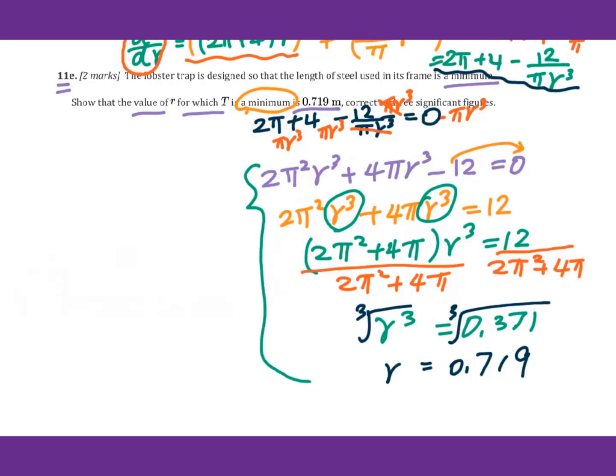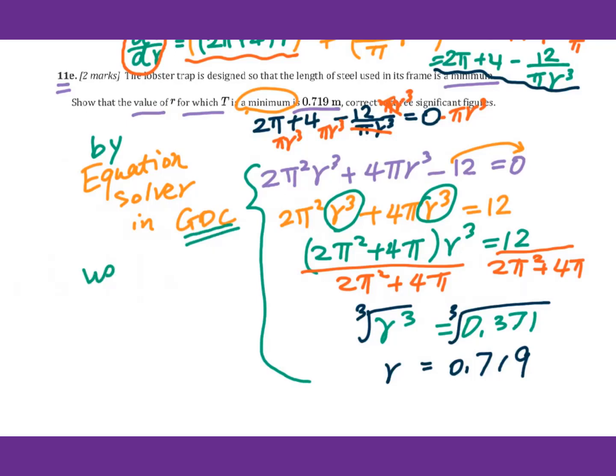You just use the equation solver on the graphing calculator. So you will write down "by equation solver" on the graphing calculator. We got r equals 0.719.